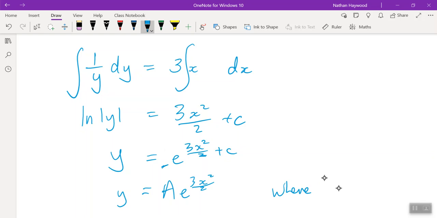And this is just the same as e to the c because of power rules. If you have a power plus a power, it's the same as that times that. I don't know if you remember that from grade 8 and stuff.